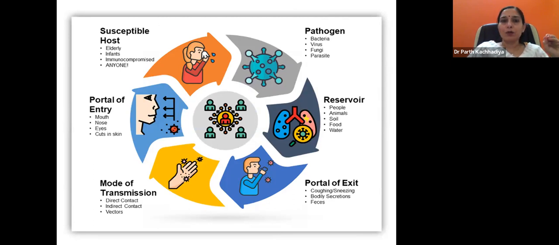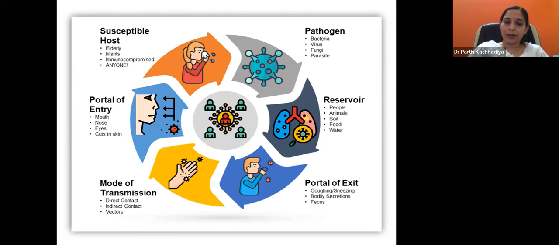Who are the susceptible hosts? We should definitely identify them. Those are the elderly patients, infants, immunocompromised patients, and anyone in the ICU can get the infection as their immunity is down. What is the portal of entry? Mouth, nose, eyes, cuts in the skin.